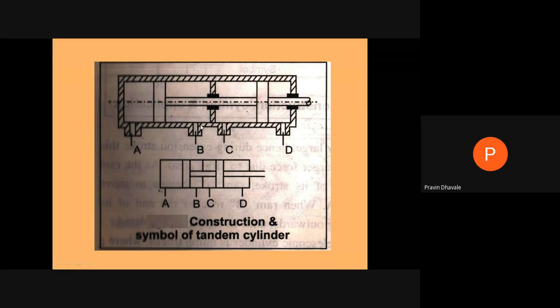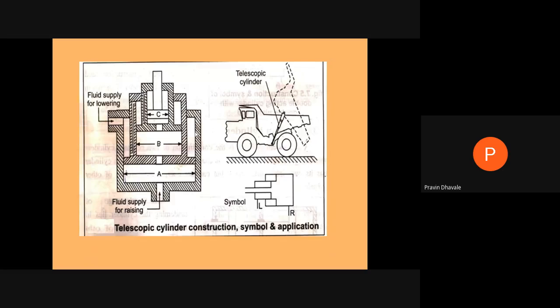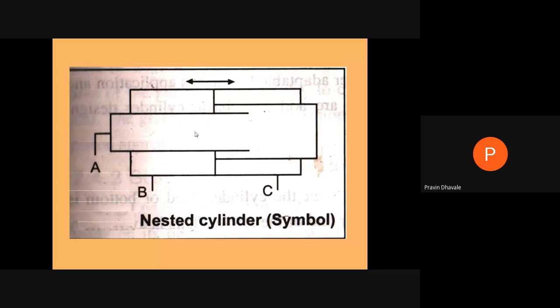It will be divided into two cylinders, and each cylinder has a separate inlet and outlet port, right? In order to multiply the force, we go for the tandem cylinder, telescopic cylinder, nested cylinder. Nested cylinder has one application, that is a hydraulic press, where gradually you have to increase the load and gradually decrease the load. At that time we go for the nested cylinder.